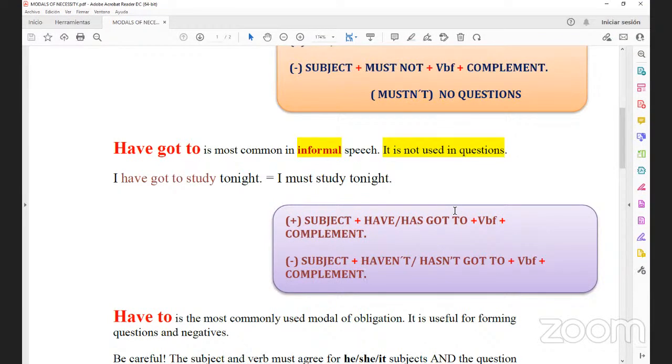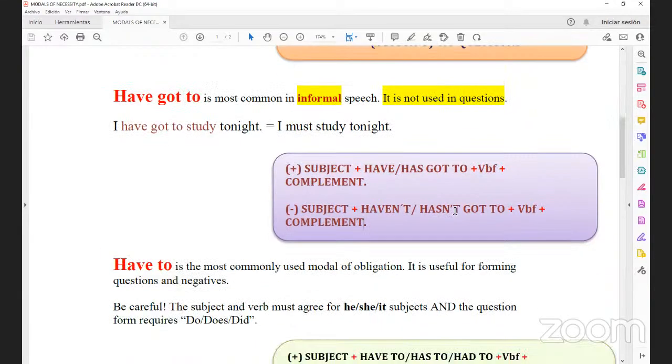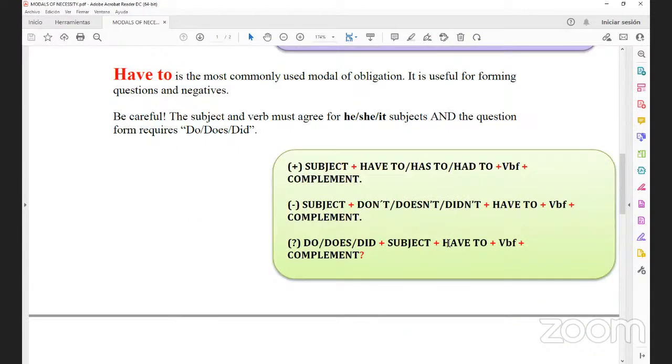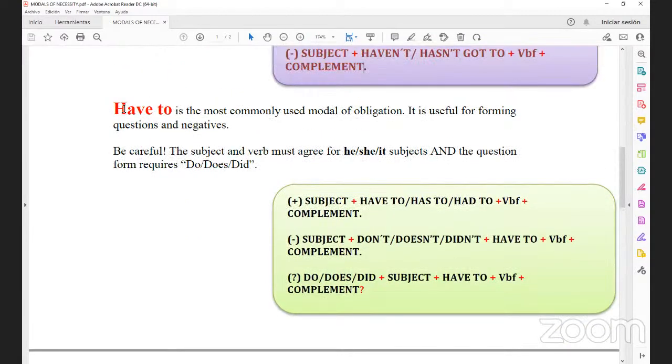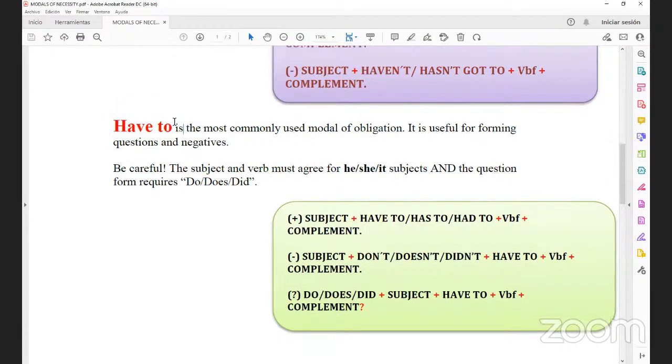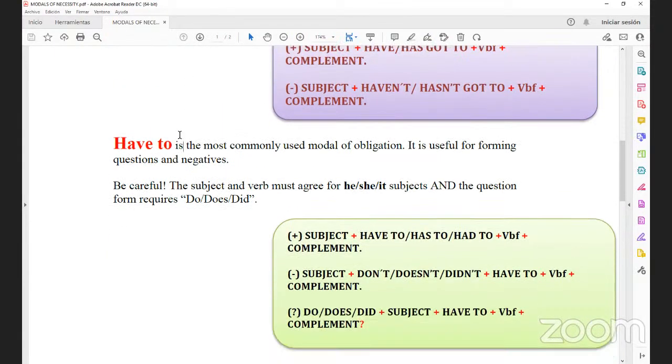Nice. Okay, perfect. Now, the last one that we have is have to. This have to has the same meaning as have got to, because it means tener que. But what is the difference? This is not as strong as must or have got to.